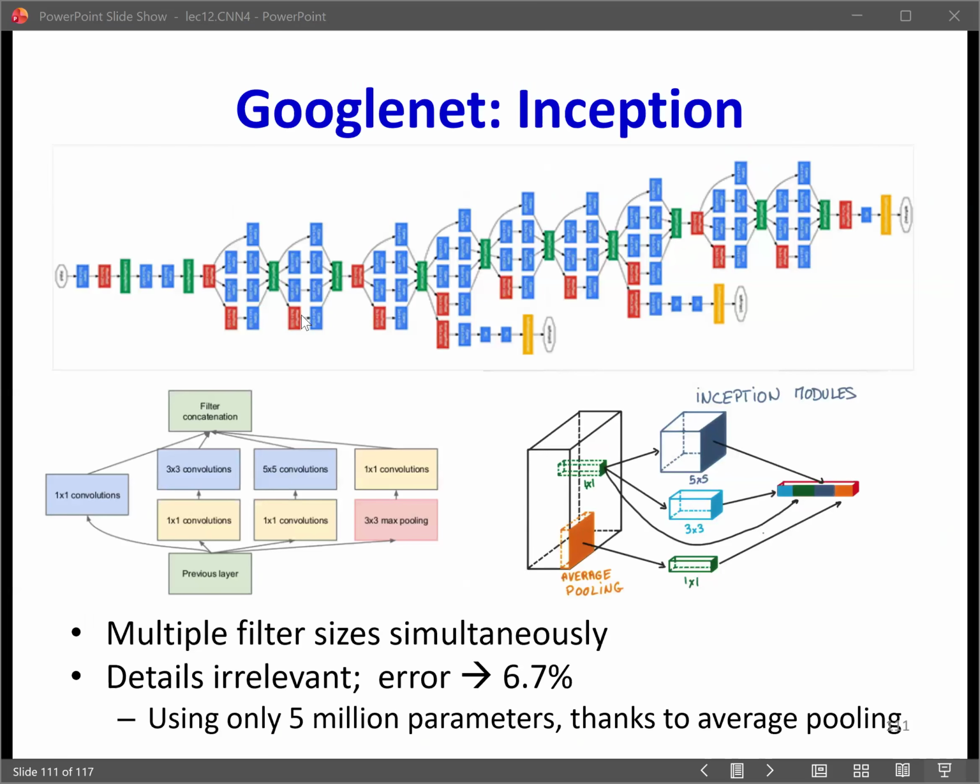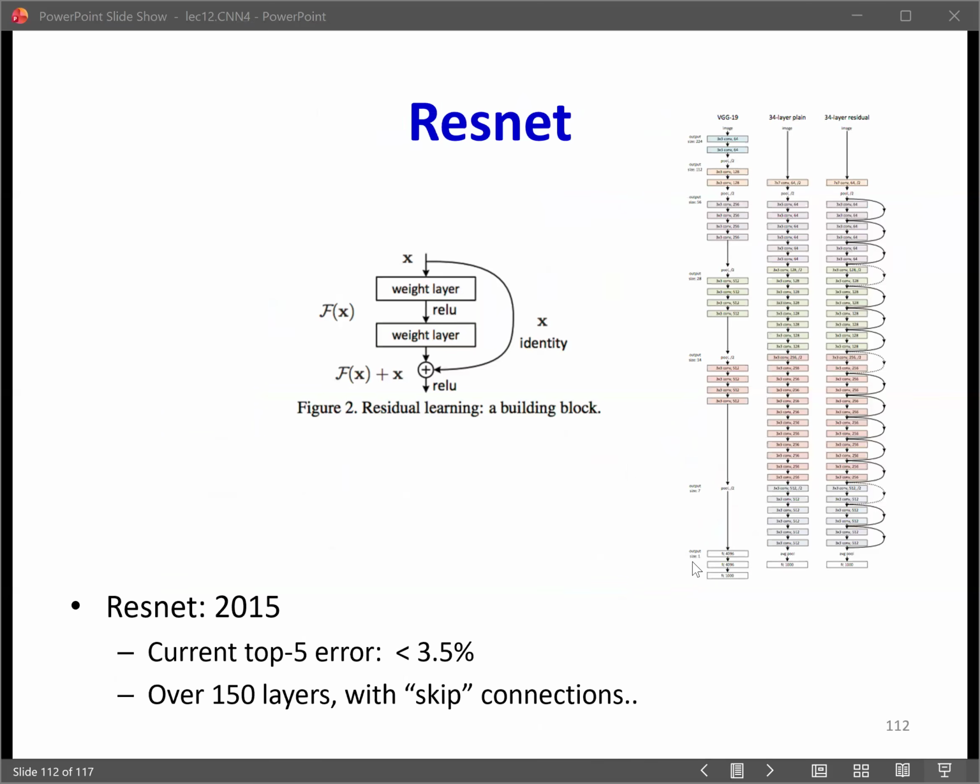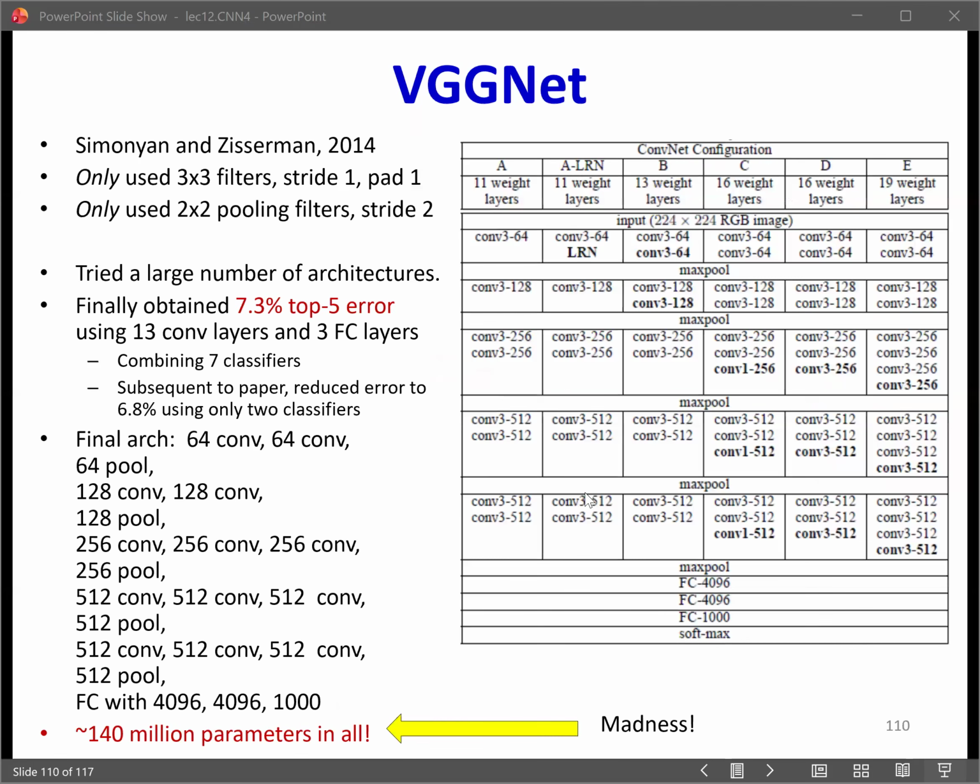Then Google didn't want to be left behind, so they came up with this really ugly model, which they call Inception. It brought it down to 6.7%, all within a year, right? And then ResNet came in, and they chopped that error down to 3.5%. And so here we are, right? Within a couple of years, we've gone from a 25% error to a 3.5% error. Why ugly? It looks ugly to me.